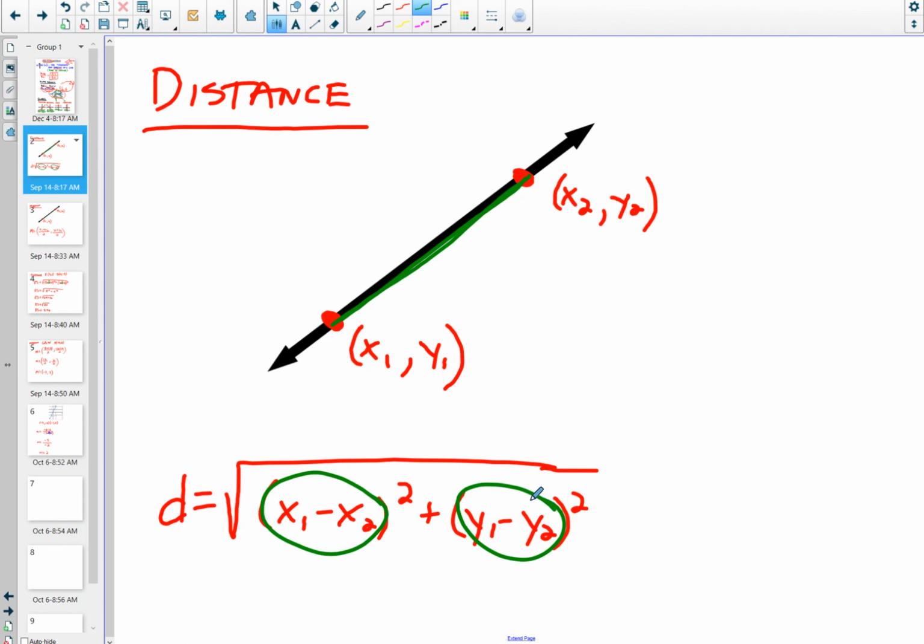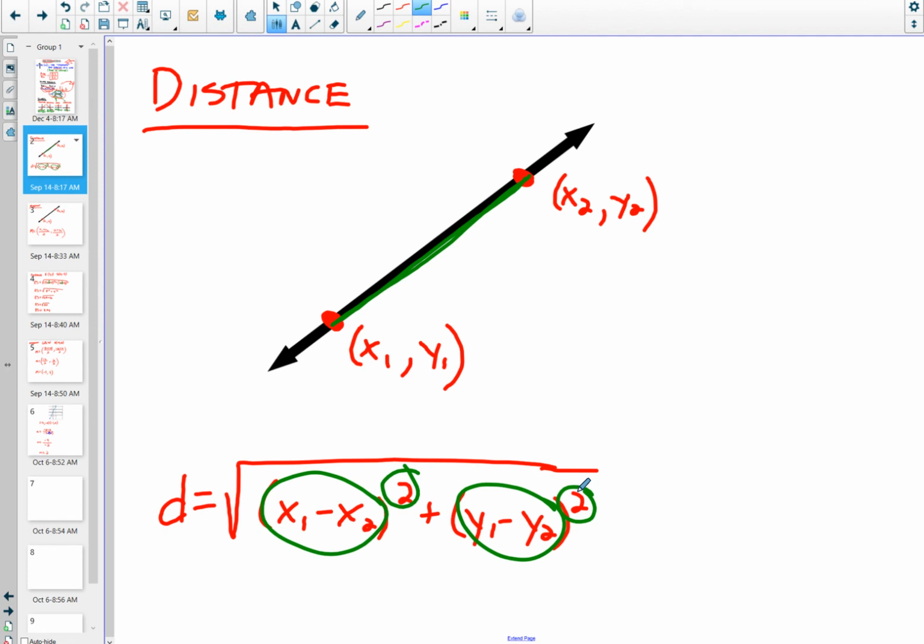Because the only thing that could happen when you subtract, if you get the order wrong, is you might get a negative when you should get a positive, or vice versa. But once the second step comes along, what happens when you square a number? What do you always get? You always get a positive. A number to the second power is always going to be positive.